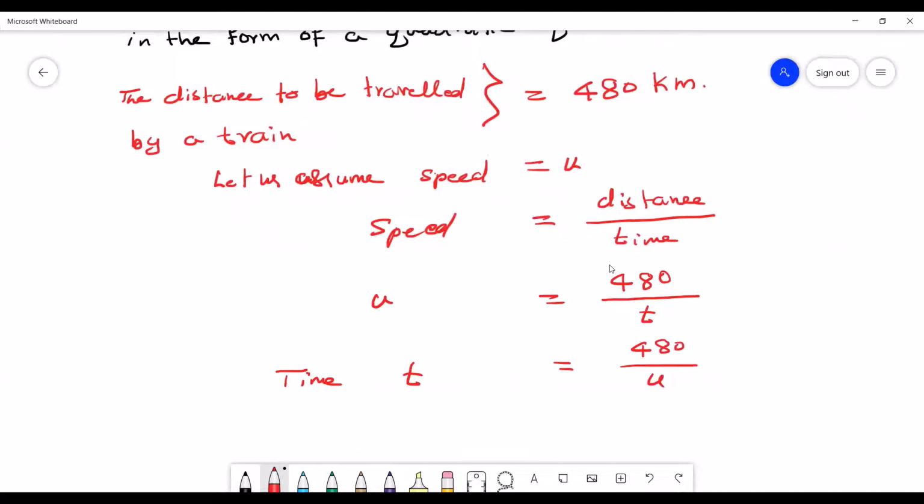Why am I doing this? Because the question says to find the speed. So if we have to find the speed, then we have to change all times in terms of speed. That's why I am changing the time in terms of speed. So t has become 480 upon u.